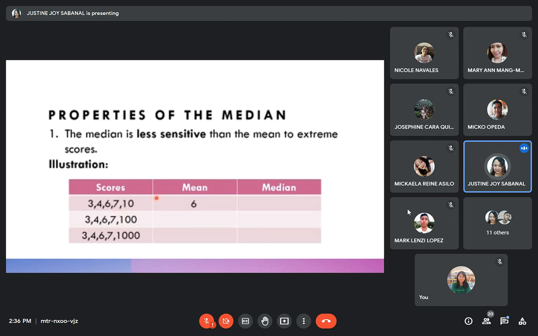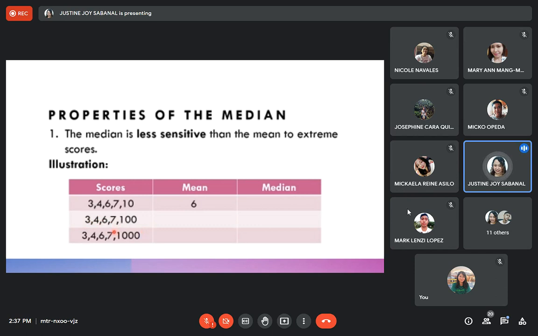How about the second one? Ano po yung value dun sa sumunod? Yung 3, 4, 6, 7, 100, ano na yung mean? So, 3 plus 4, 7, 13, 20, plus 100 is 120.